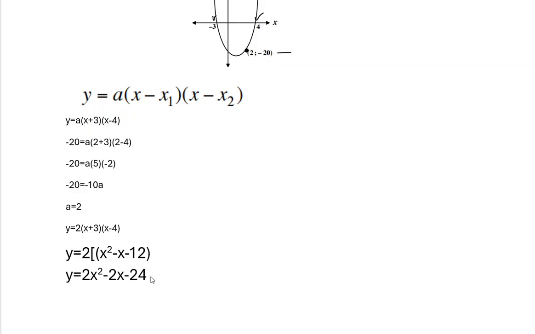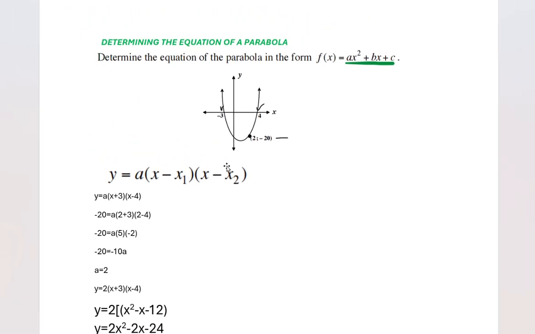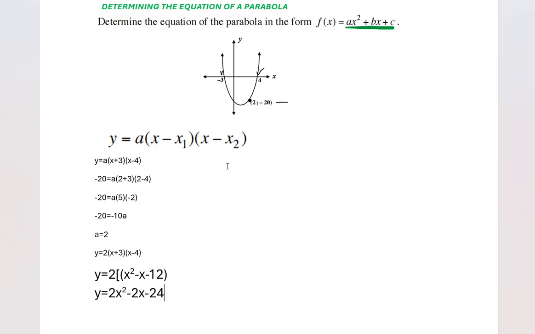So it becomes negative 24. So this is your final answer. Your equation is now y, or f of x, is equal to 2x squared minus 2x minus 24. So thank you.